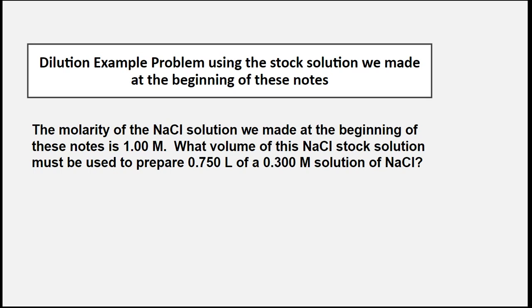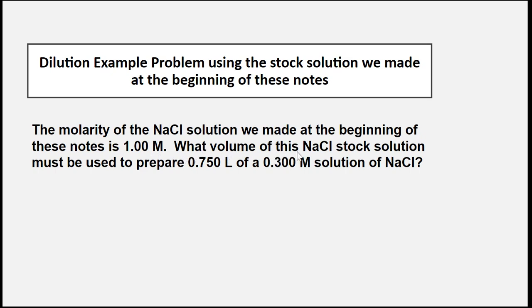Okay, so at this point we have a couple of sample problems that we are going to look at. If we're using a stock solution like we talked about at the beginning, we want to answer this question. The molarity of sodium chloride we made at the beginning was 1.00 molar.